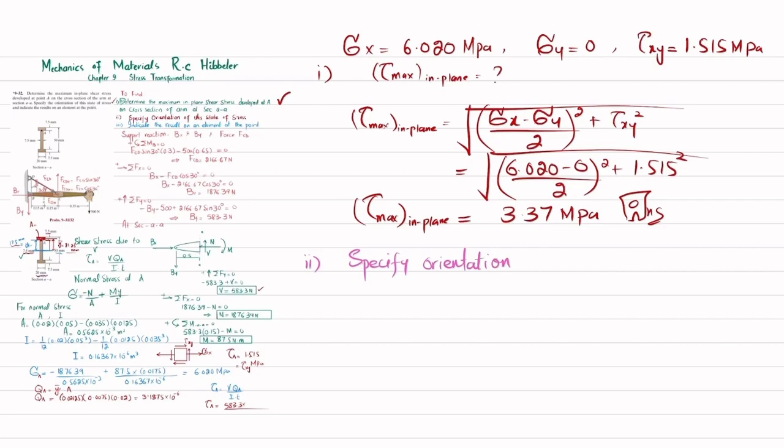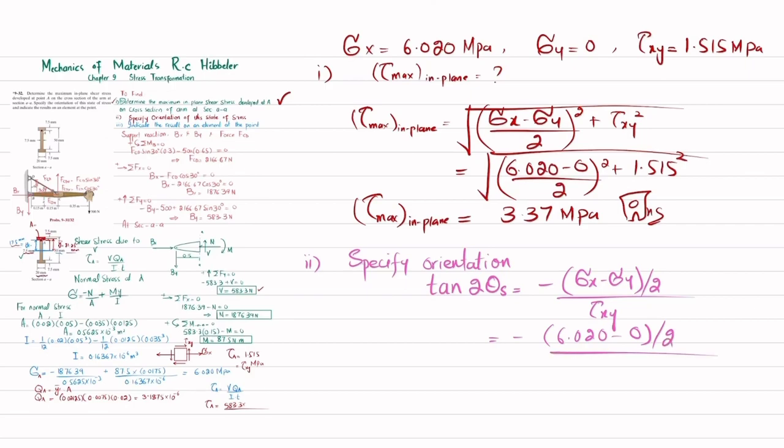So we know that the orientation of in-plane maximum shear stress can be represented by this formula: tangent of 2 theta s is equal to minus (sigma x minus sigma y) divided by 2, divided by tau of xy. So put the value: minus (6.020 minus 0) divided by 2, divided by tau of xy, which is 1.515. That will give you tangent of 2 theta s.